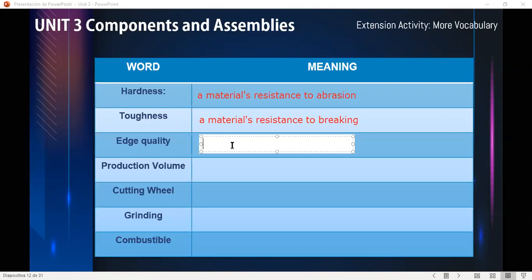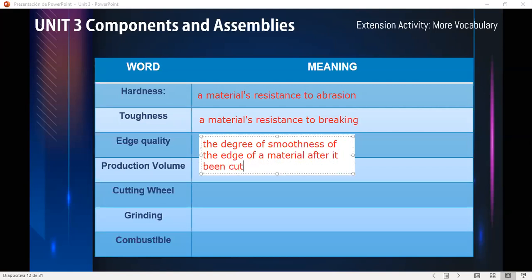Let me see what I am writing here. Okay. It's known as the degree, in this case, of smoothness of the edge of a material, in this case after it has been cut.